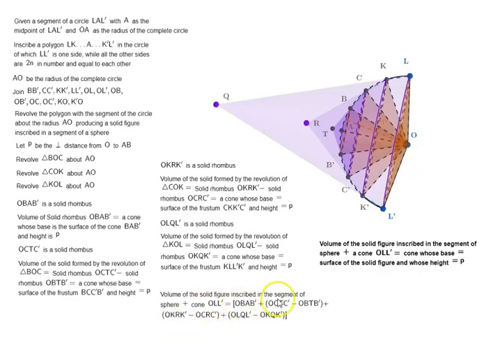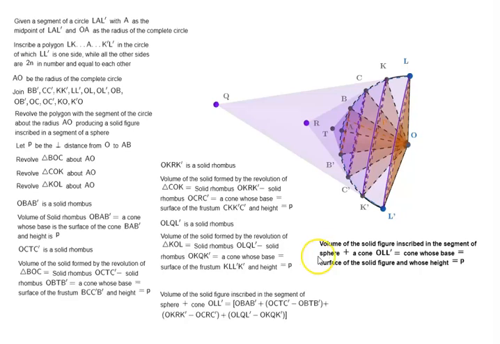Volume of the solid figure inscribed in the segment of the sphere plus cone OLL prime is equal to OBAB prime plus OCTC prime minus OBTB prime plus OKRK prime minus OCRC prime plus OLQL prime minus OKQK prime.